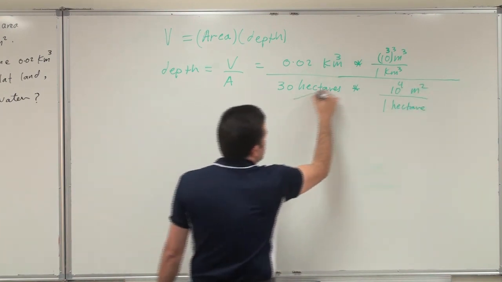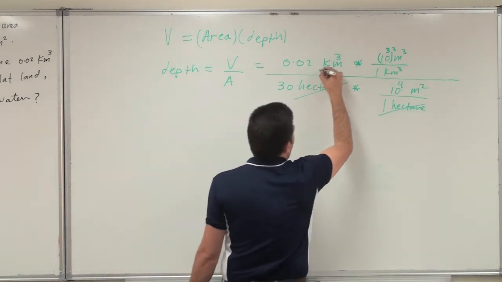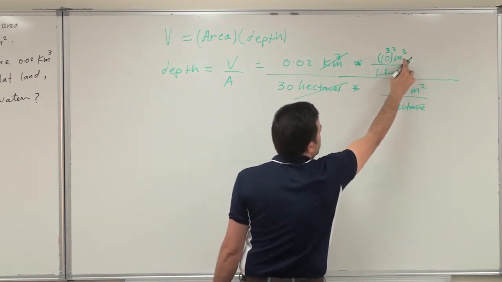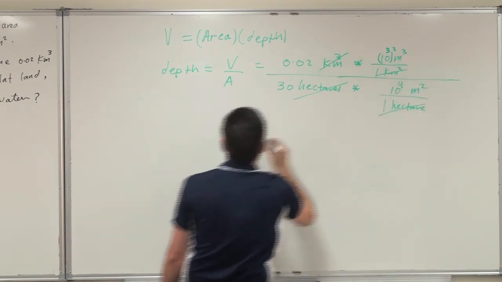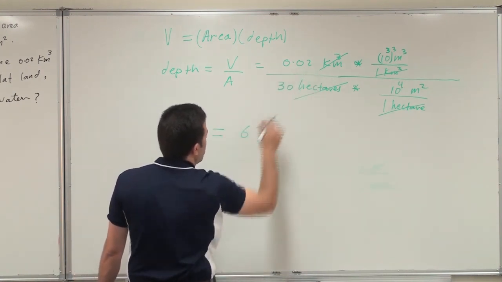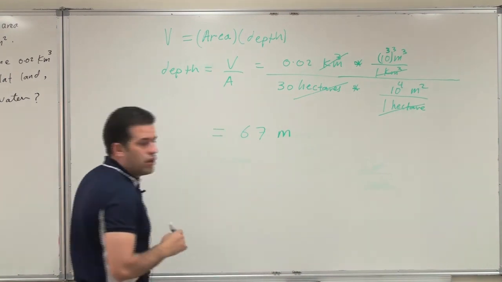Now I can cross hectares with hectares, and I can cross also the kilometers cubed with kilometers cubed, and I am now dividing meters cubed by meters squared. So the answer will be, if you do the calculation on a calculator, 67 meters. So this is the depth of the water.